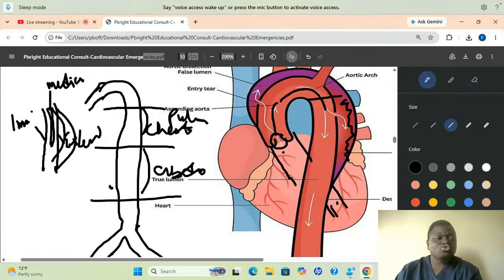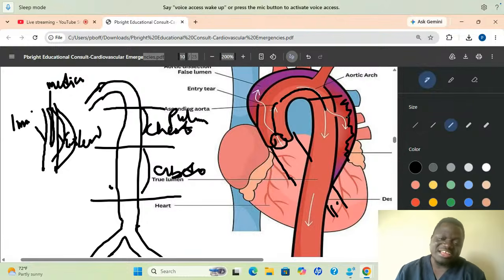But as time goes on, can this inner lining alone stand this blood pressure? Maybe sometimes the patient even has high blood pressure. This inner lining will tear.